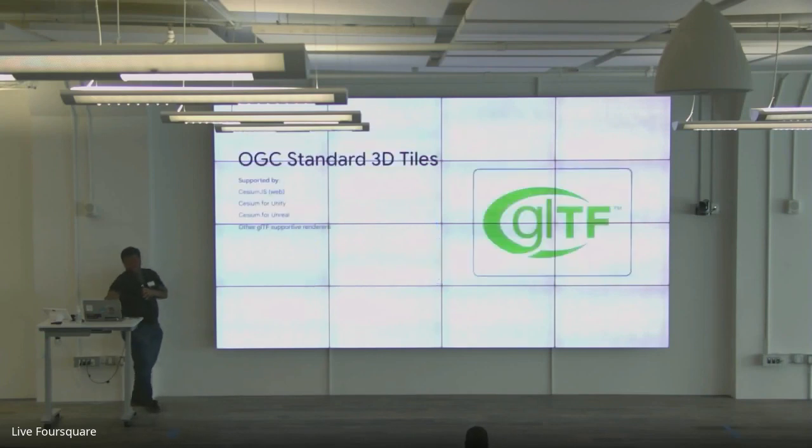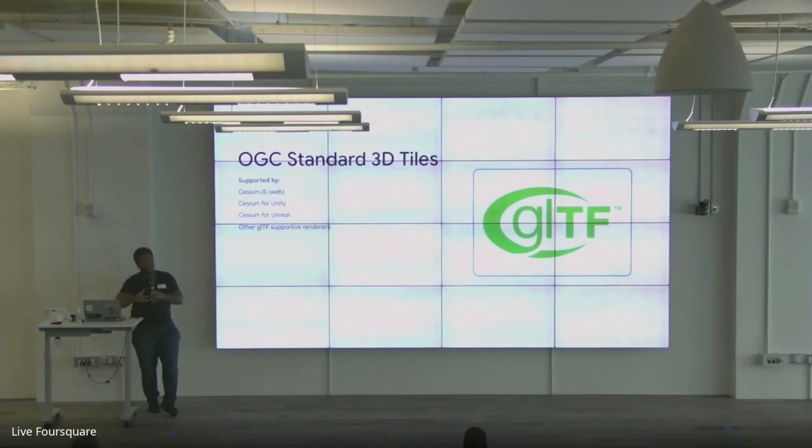So our Earth application, we have our own internal representation of this data for reasons, but we chose to not externalize that internal format, but anchor on an open standard. And so we chose to go with the 3D tile OGC standard, so that developers had the ability to visualize our 3D map with renderers that support the 3D tile spec.